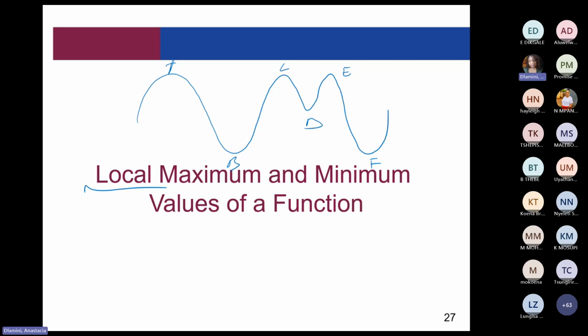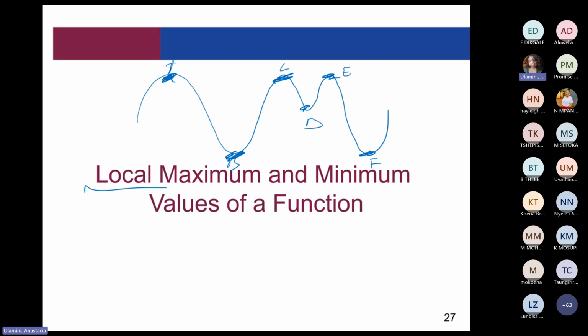Does it make sense? Or is someone lost? So this is a local maximum, this is a local maximum, and this is a local maximum. This is a local minimum, this is a local minimum, and this is a local minimum.